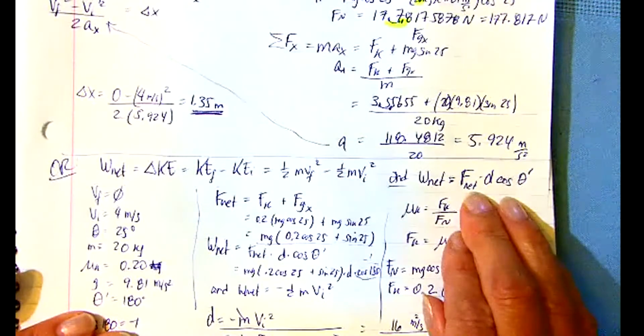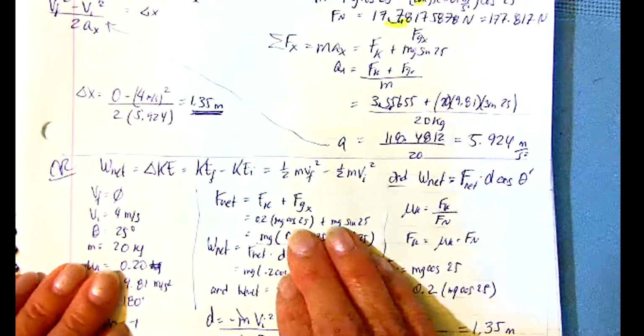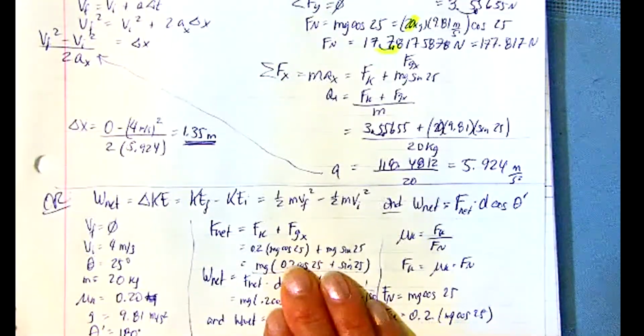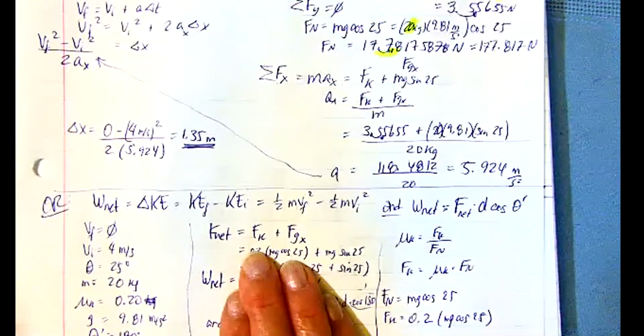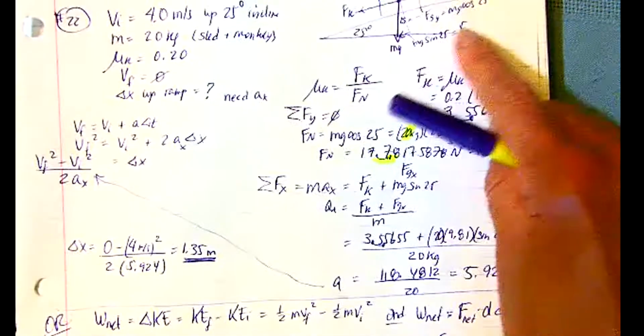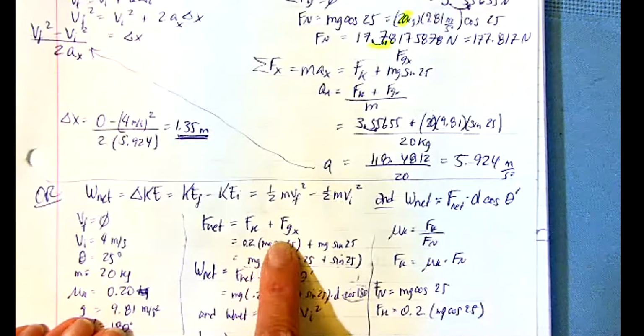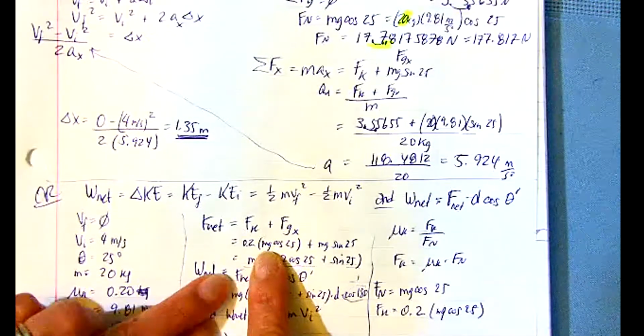Okay, so we have our two different equations for work, but we still had to draw our vectors because we had to notice that the net force is equal to both of these vectors pointing down, with these yellow ones. So again, F net is Fk plus Fgx. So I went ahead and figured that out.